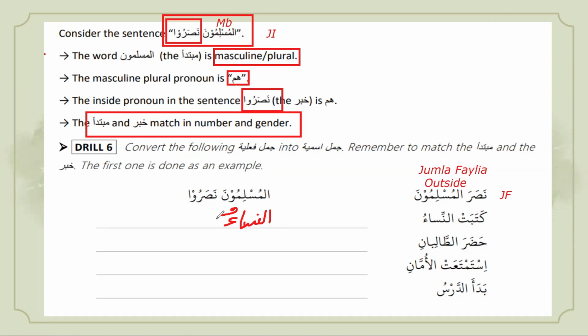Because the khabar in jumla ismiya, the jumla failure khabar, should match the mubtada in number and gender. So over here you are going to use hunna form. An-nisa'u katabna.